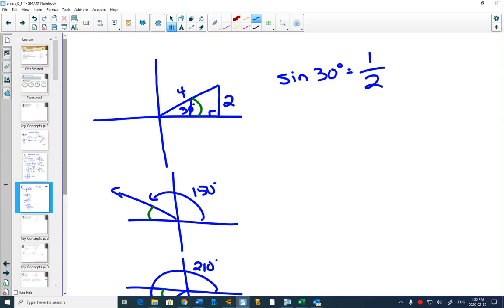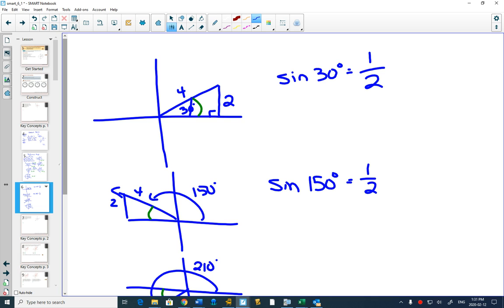Now, when I have a reference angle of 30 degrees in quadrant 2, can you see if I draw a line straight down and this was 2, it'd make exactly the same triangle? This would have to be 4. And so when we go to our calculator, we find out that sine of 150 degrees is also 1/2.